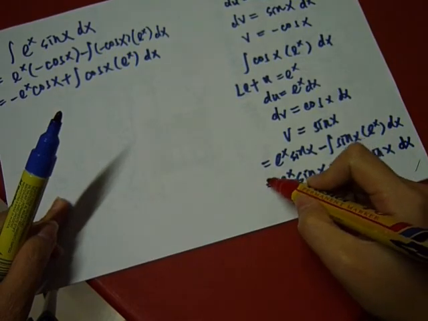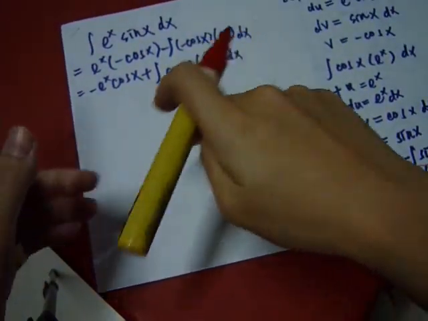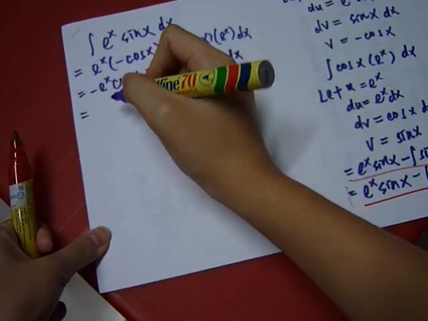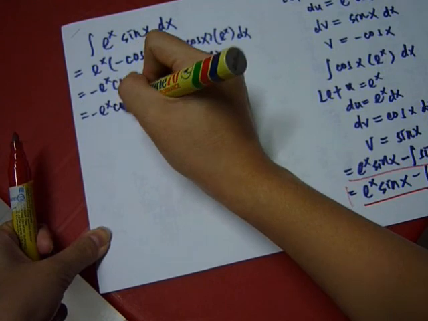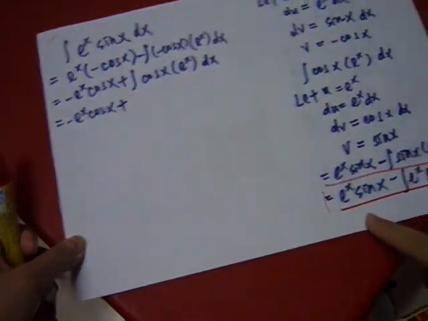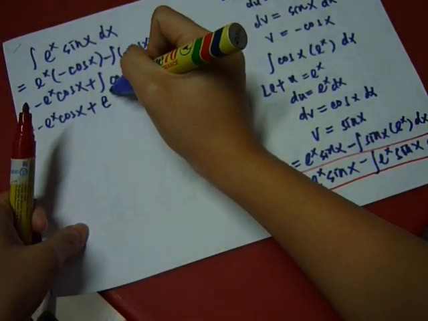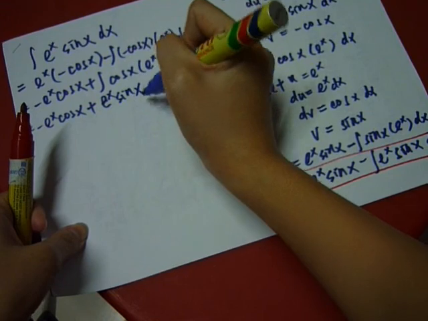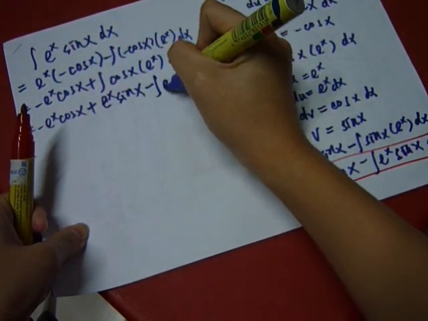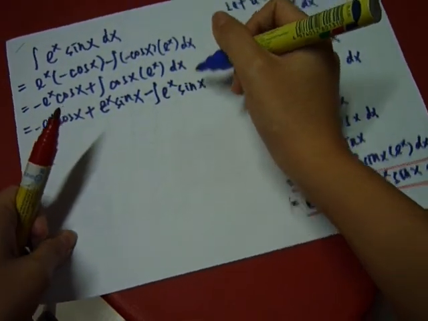Then we substitute this back to here. So it's equal to minus e^x cos x plus this e^x sine x minus integration e^x sine x dx.